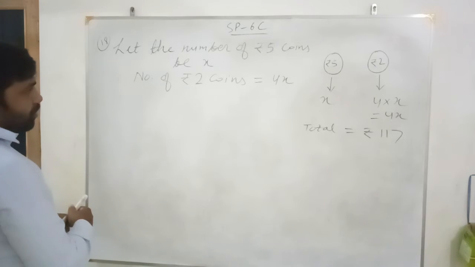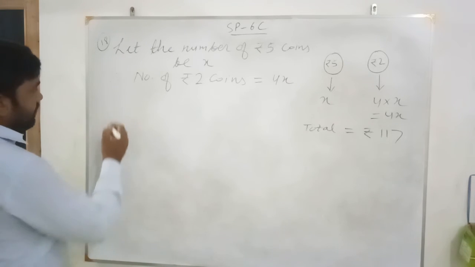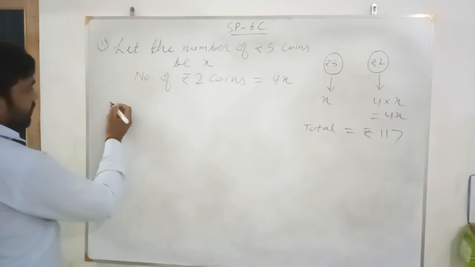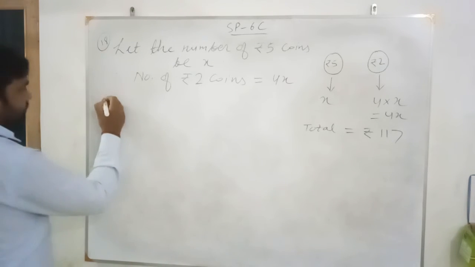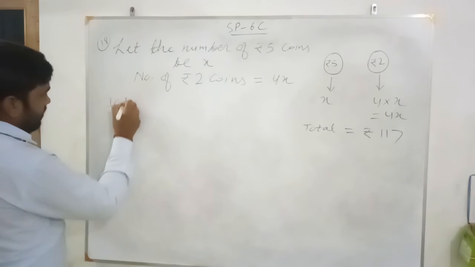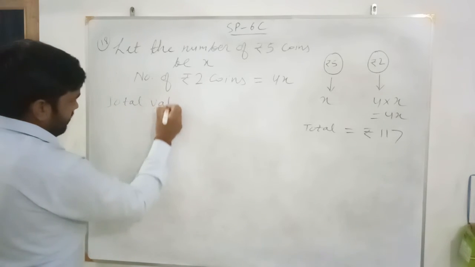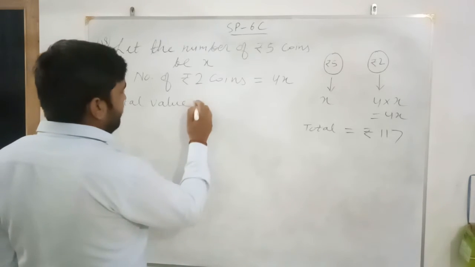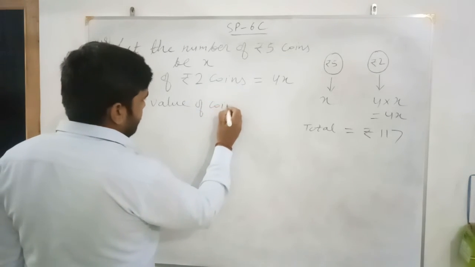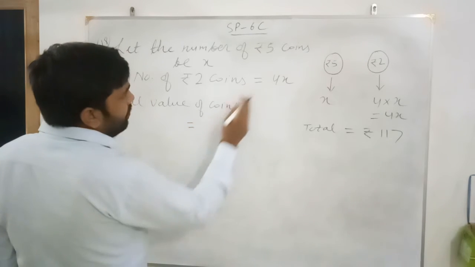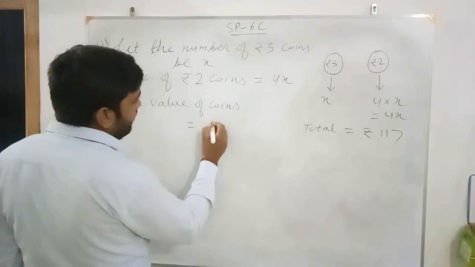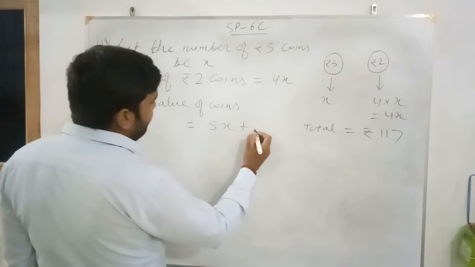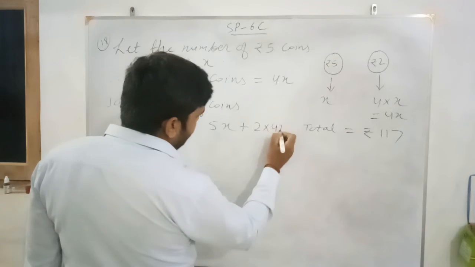Now according to the question, the total value of the coins will be what? We will frame the equation. Total value of coins is equal to: 5 rupee coins are x, so their value will be 5 into x, 5x, plus 2 rupee coins are 4x, so their value will be 2 into 4x.